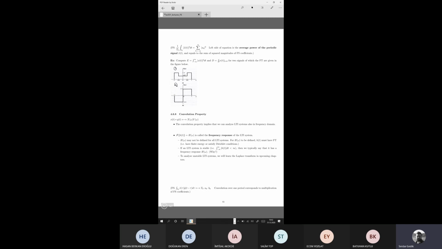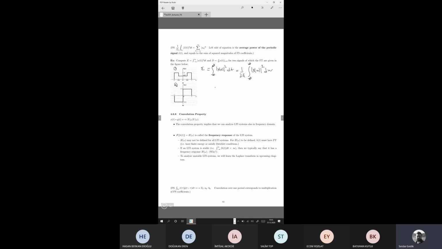So I will start with E. What does E tell me? Integral from minus infinity to plus infinity of the norm of x of t squared dt. By using Parseval's relationship, this is nothing but the integral from minus infinity to plus infinity of the norm of x of omega squared d omega.